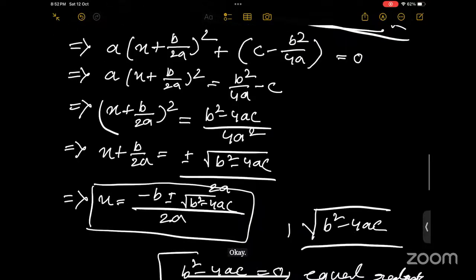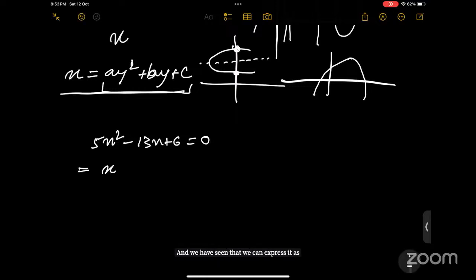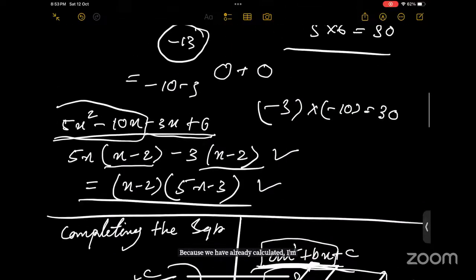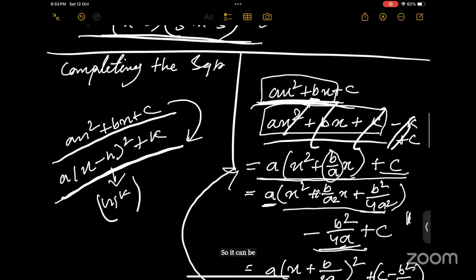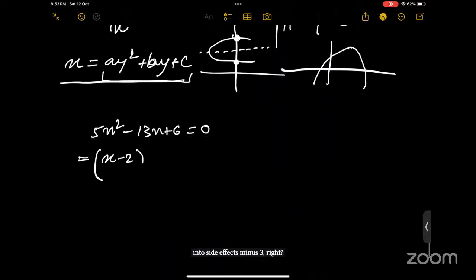The example we used in the FOIL method is 5x square minus 13x plus 6, right? It was the expression, so it is the expression of a parabola. We have seen that we can express it as x minus 2 into 5x minus 3, because we have already calculated; I'm not doing the calculation again.